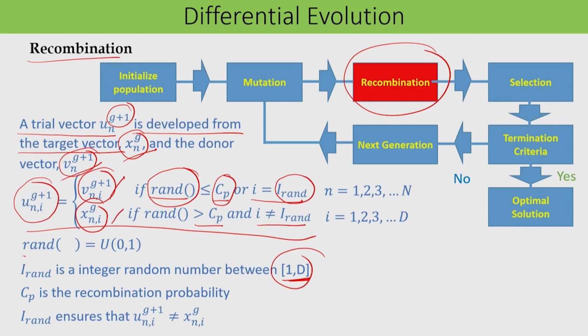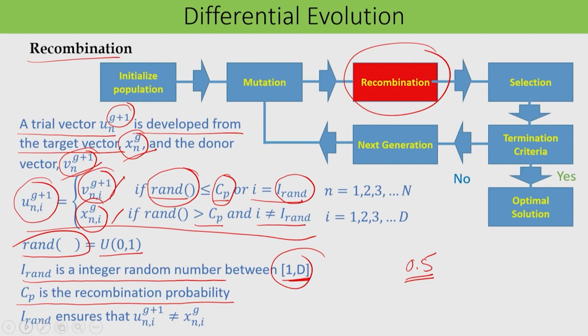As I said, the rand function will give you a random number between 0 and 1, and i_rand is an integer random number between 1 and d, and Cp is the recombination probability. Suppose I take Cp equal to 0.5, that means 50% we are getting from the donor vector and 50% from the target vector.